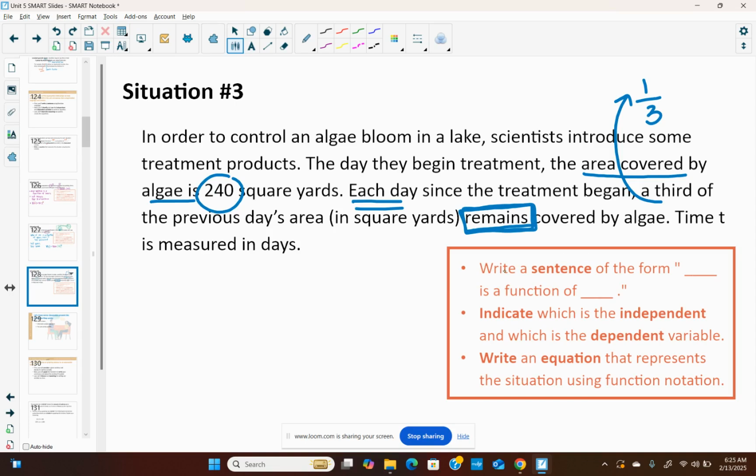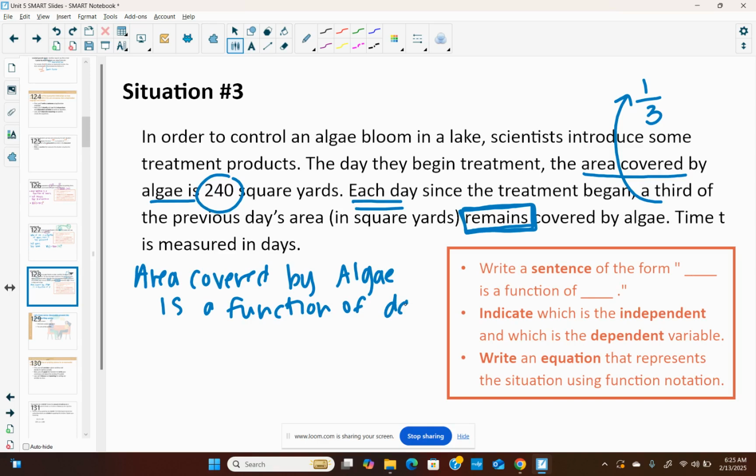So when we write our sentence, okay, it's going to be the area covered by algae is a function of days, and it's days since treatment was introduced.